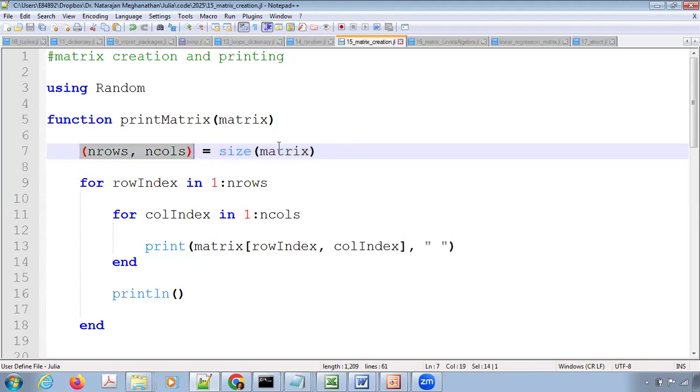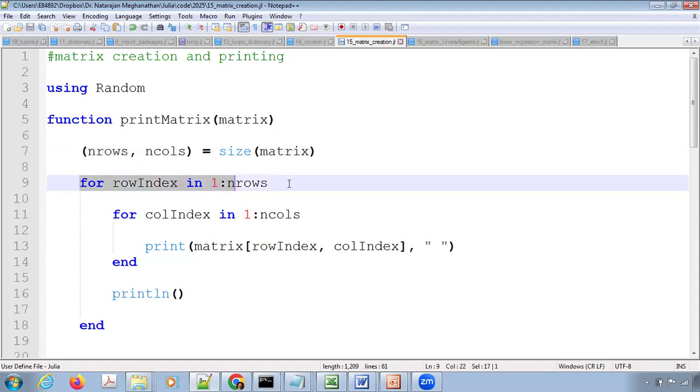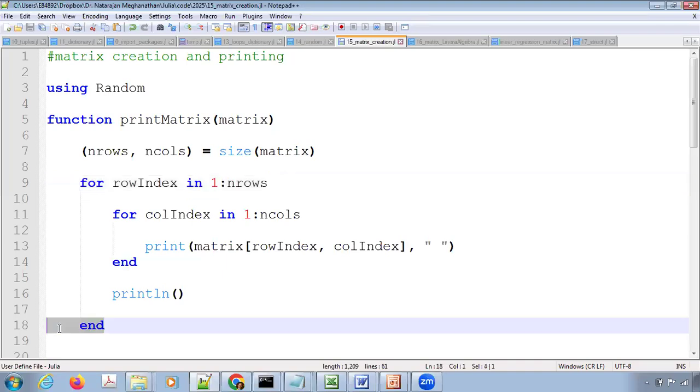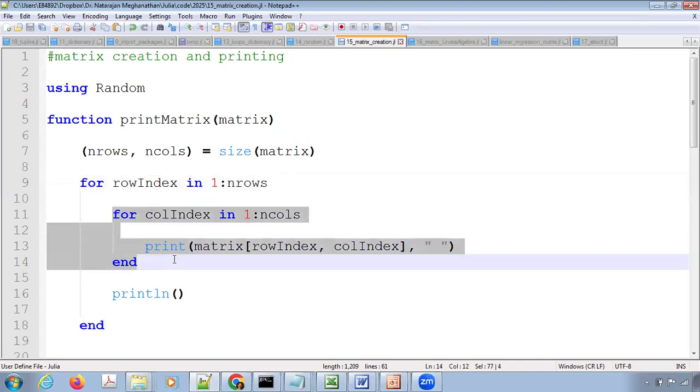Once you get the number of rows and columns, you go through each row, and in each row you print each column value, and then print a new line. That's the classical idea. So for row index in 1 to n rows, run a for loop that goes into that row and prints each column value.